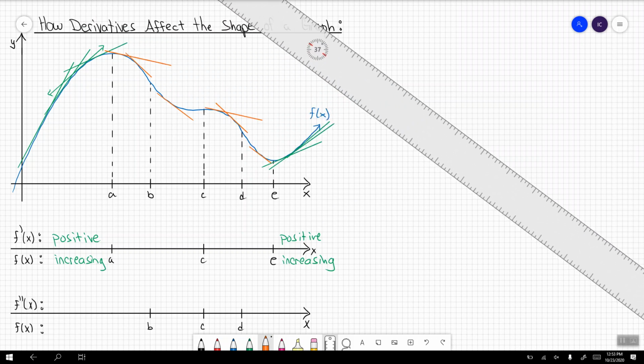And so from here, you're going to see that my derivative for these intervals that we're looking at, from a all the way to e, that derivative is going to be negative. Anytime that our derivative turns out to be negative for any value evaluated within the interval, then that means that our function is going to be decreasing.